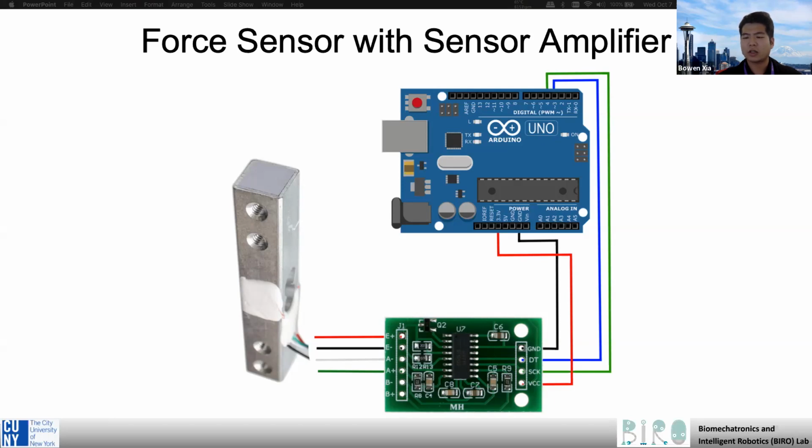The voltage is the output signal of the force sensor and is proportional to the applied force. Because the output voltage is very small, it is connected to an amplifier chip, which is this HX711. This chip is then connected to the Arduino microcontroller that reads the amplified signal.